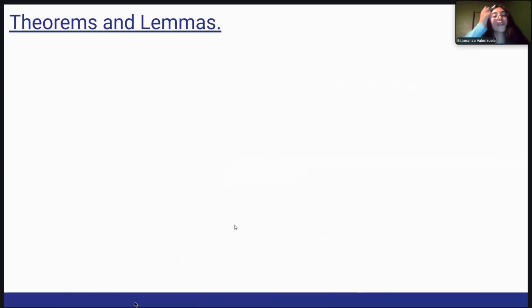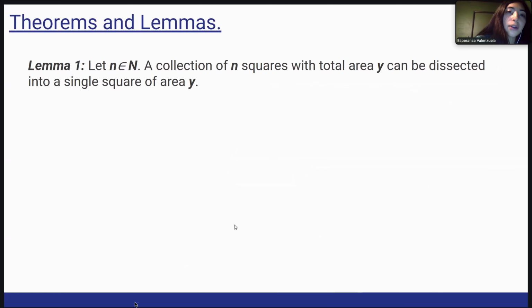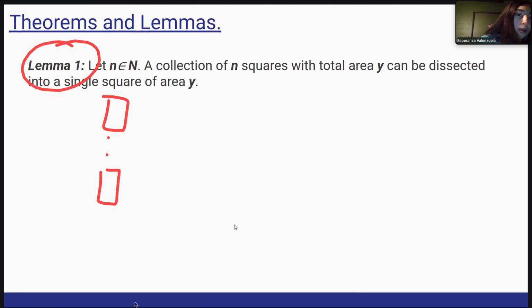We now state a few lemmas and a theorem that will help in the proof of the Wallace-Bolyai-Gerwien theorem. So lemma 1 is that a collection of n squares with total area y can be dissected into a single square of area y. We're not going to dive into the proof of this, but the reason why these lemmas are after the Pythagorean theorem proof is because we need the Pythagorean theorem proof to prove lemma 1.